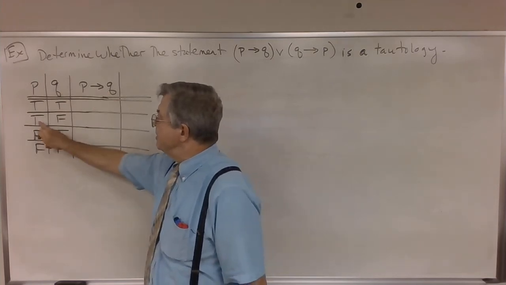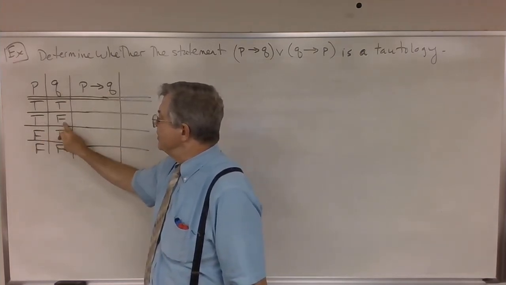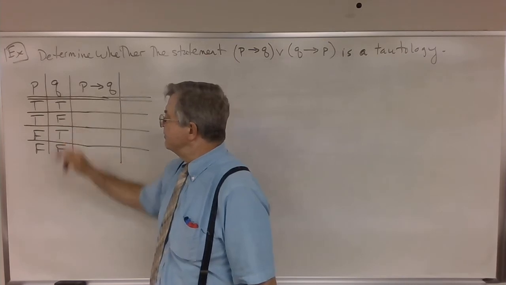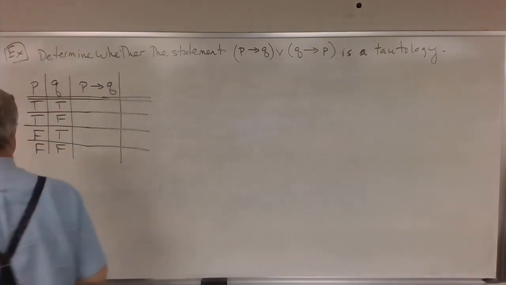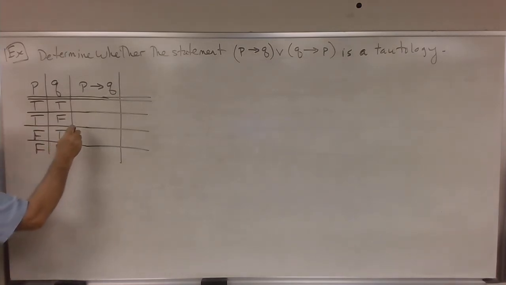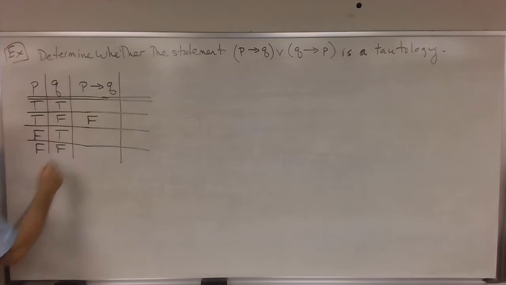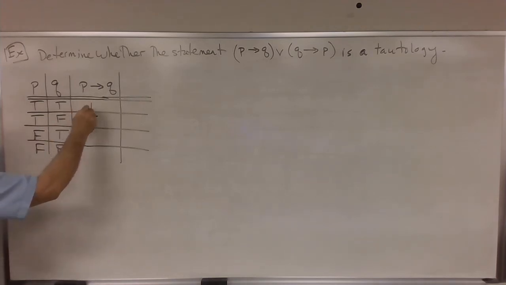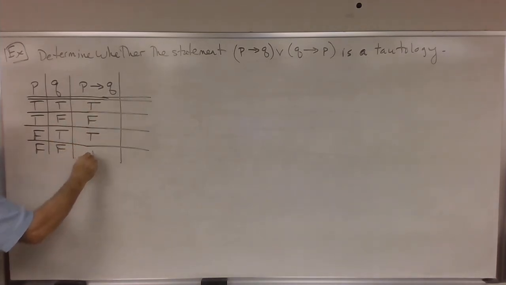So we look for P equal true and Q equal false, and here it is. This is the only time that P is true and Q is false. So this is the only time that that statement is false. It's true all other times.